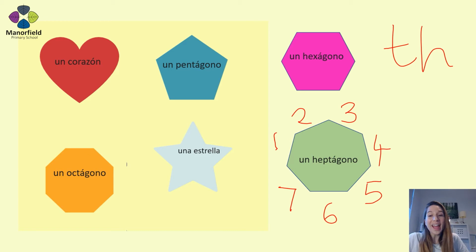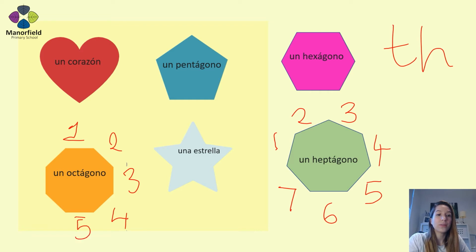So, an 8-sided shape. Let's check it is 8 sides. Let's count the sides in Spanish. Uno, dos, tres, cuatro, cinco, seis, siete, ocho. So we've got an 8-sided shape, which is an octagon.